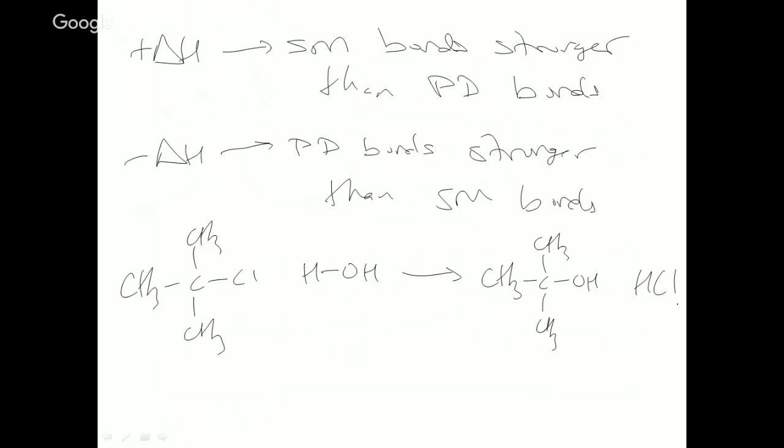Again, in principle, this can go from right to left as well. But this one has a negative 3 kcals per mole delta H. And it's the delta H direction. So thermodynamically, it's favorable to go from left to right. We're going to find out that thermodynamics are not the only consideration.